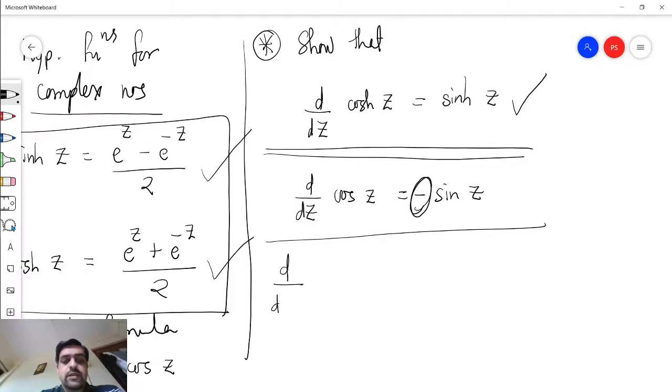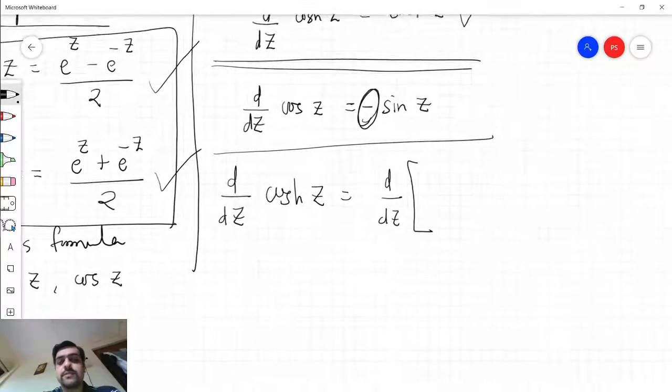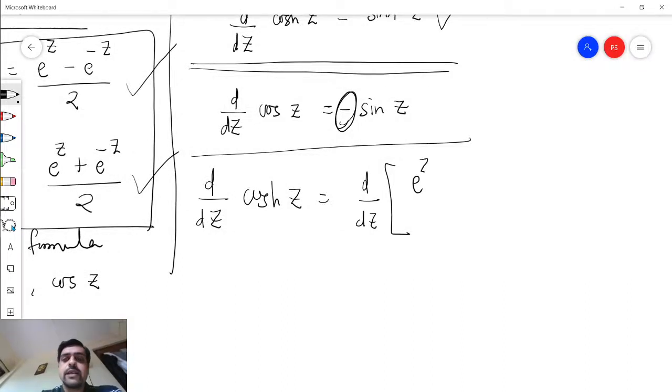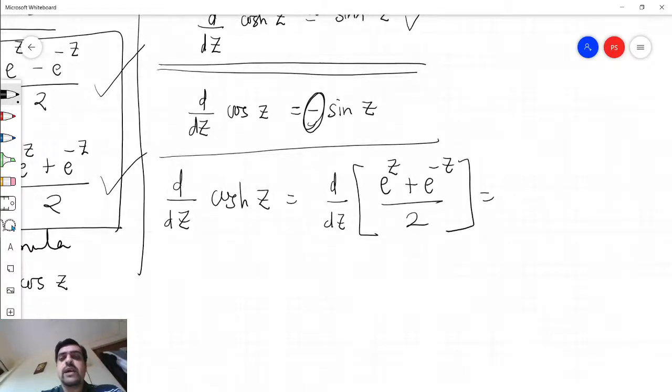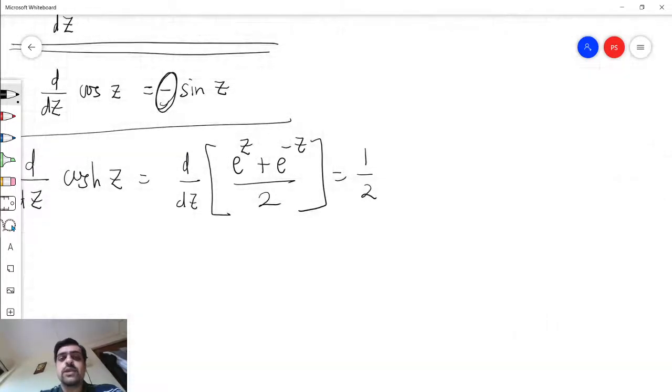We can start with d by dz of cosh z, which equals d by dz of, let us use the formula of cosh z as e raised to z plus e raised to minus z by 2. This 1/2 can be taken outside the derivative since it's a constant.